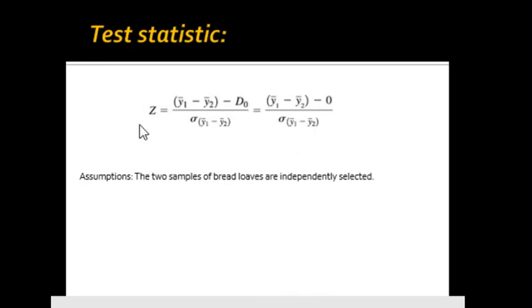Our test statistic for this test will be y1 bar minus y2 bar minus 0, because that's the value we're testing against. We just want to see if mu1 minus mu2 is less than 0, divided by sigma of y1 bar minus y2 bar. The assumption here is that the two bread loaf samples are independent of each other.